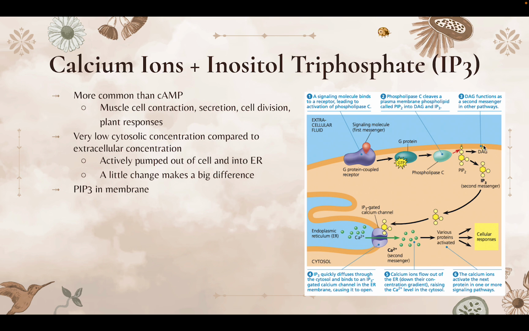Then you are left with DAG, which goes and acts as a second messenger in other pathways. IP3 goes and activates a gated calcium channel, one of those ligand-gated ion channels. Then calcium rushes in, and that's going to activate a bunch of proteins and lead to various cell responses.